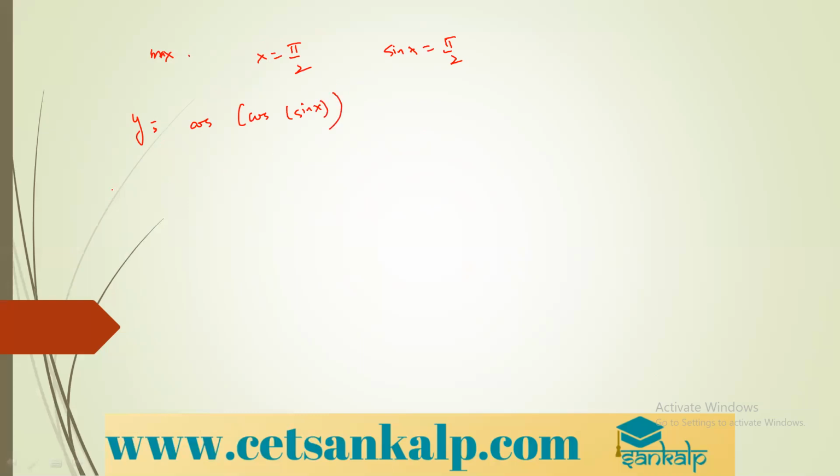When you put pi by 2, sin pi by 2 is 1, cosine of cosine 1. And when you put sin x equal to pi by 2, sin x is pi by 2 means what do I have to put?